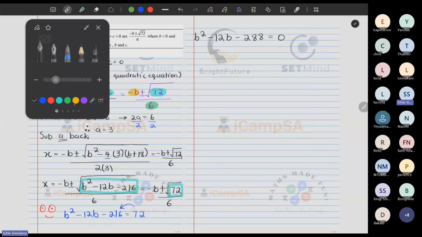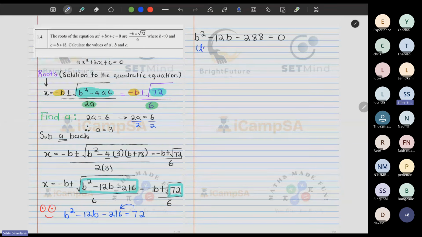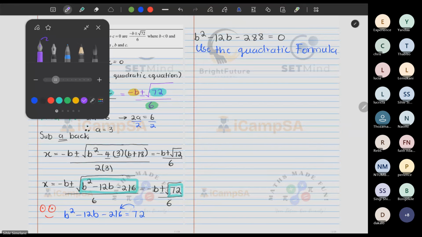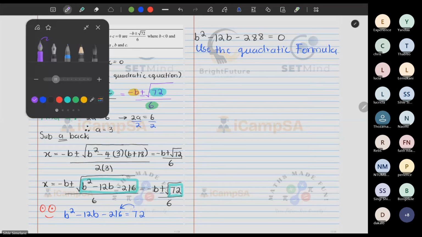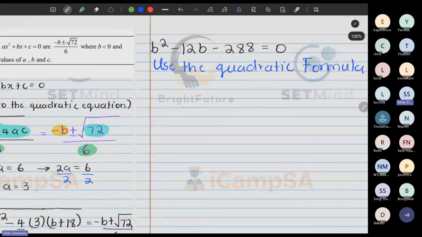So you guys solve for b here. What I advise you is, if you're struggling with factors, just use the quadratic formula. It saves you time. So you use that, and then you give me the answers. I'll quickly write up the expression. Solving for b here. Let's zoom in.